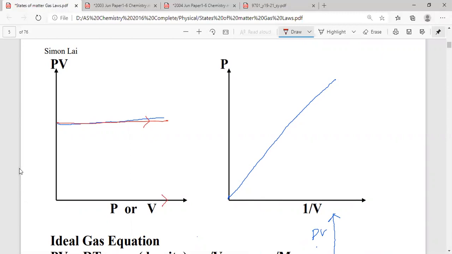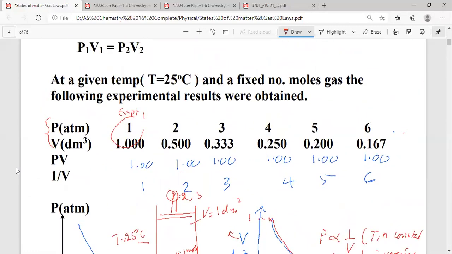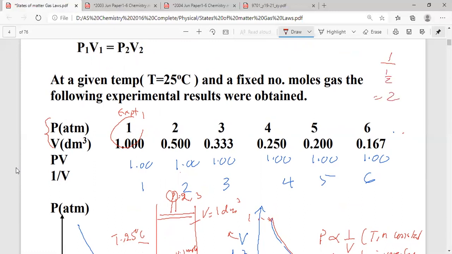Next one, of course, is P against 1 over V. Remember, P is what you change here. 1 over 1 is 1, 1 over 0.5 is 2, because 1 over half is 2. 1 over 3 is 3, and 1 over 4 is 4.